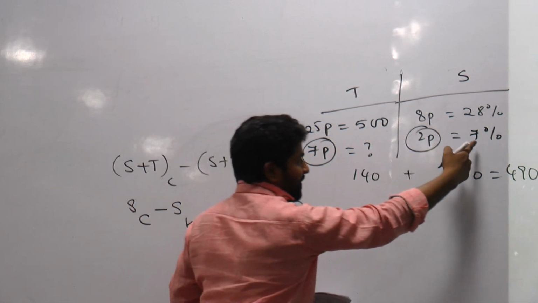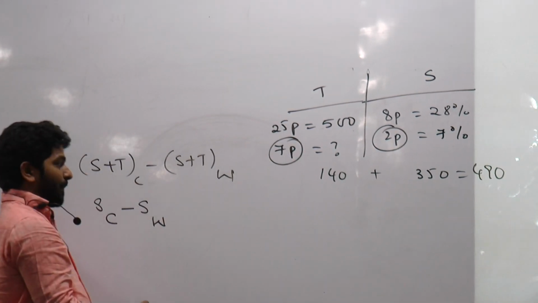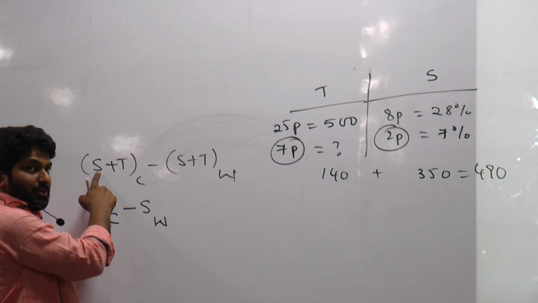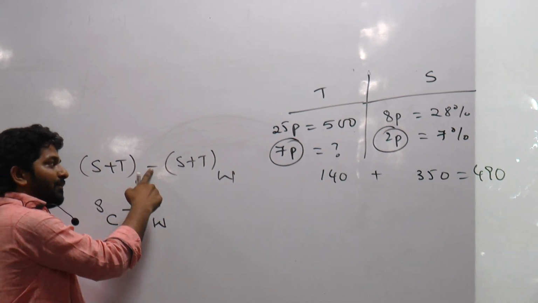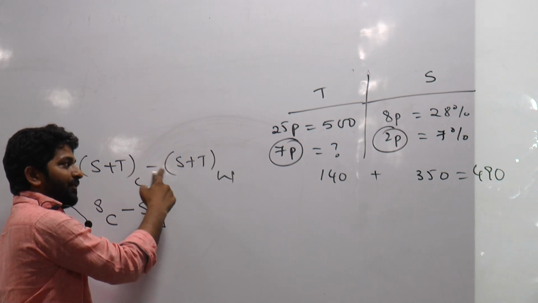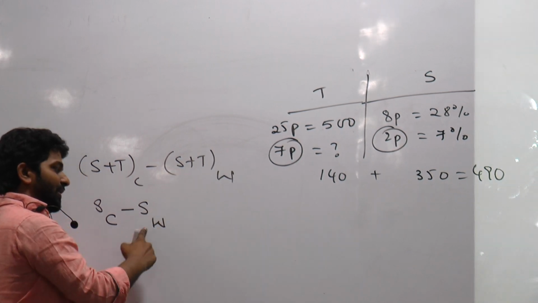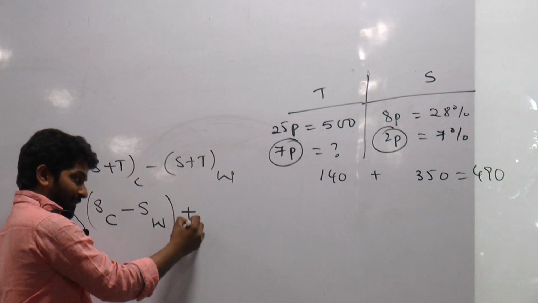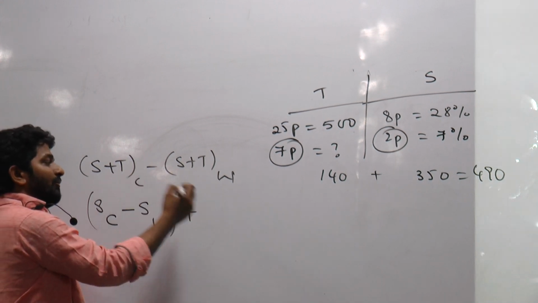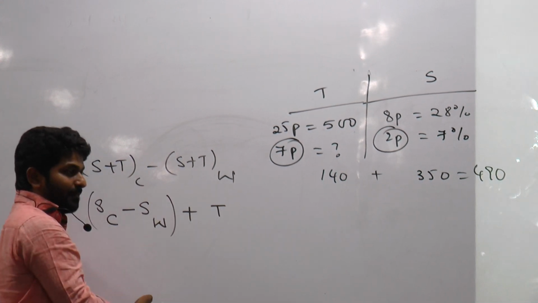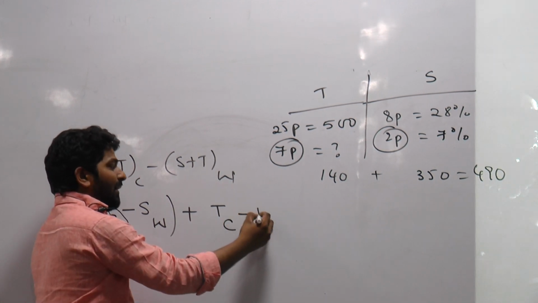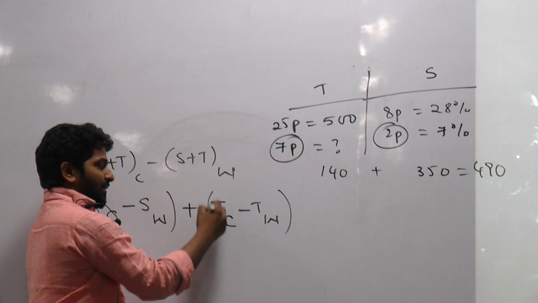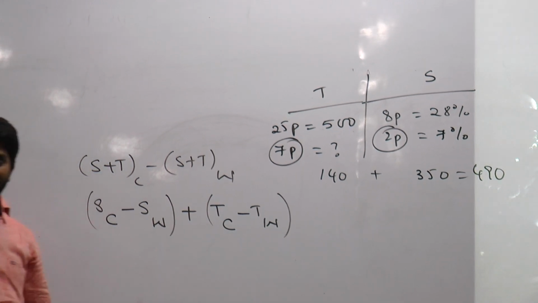This is what? 7%, 350. From school T, classical music students, and from the same school we are taking the difference of Western music students, and you need to add these two values.